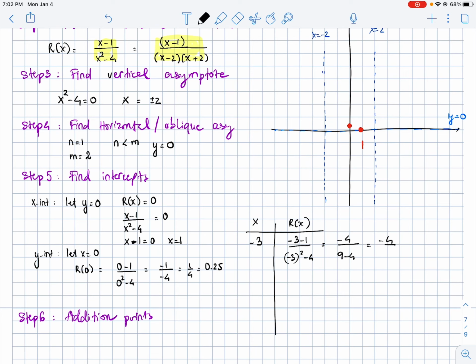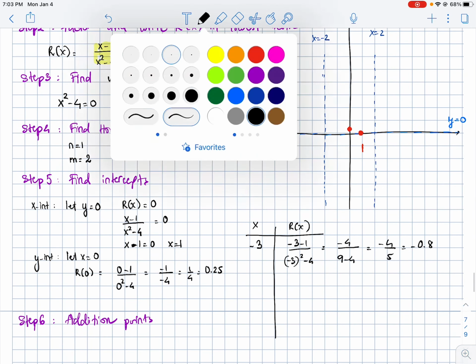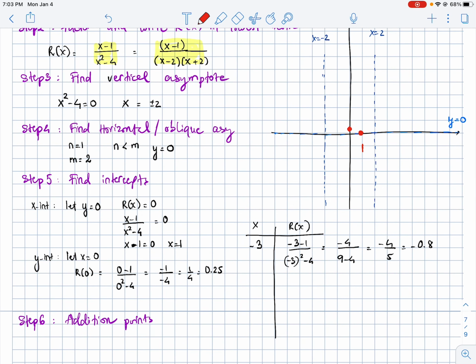So we have -4/5. You use the calculator, you will get -0.8. And -3, -0.8 is like this.